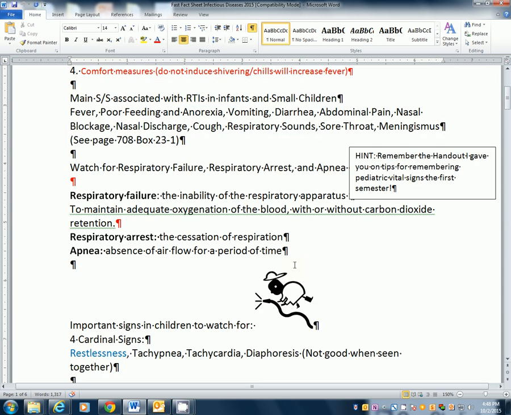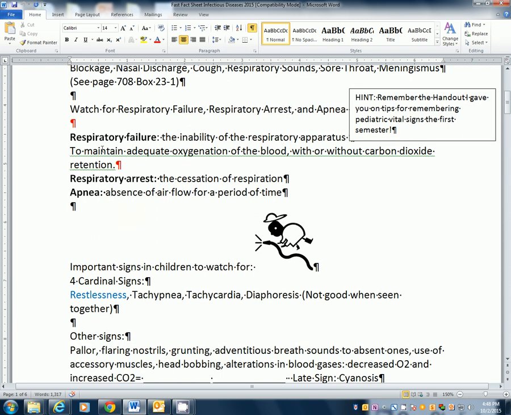Now you want to watch for respiratory failure, respiratory arrest, and apnea. Remember the handout I gave you on tips for remembering pediatric vital signs. Respiratory failure is the inability of the respiratory apparatus to maintain adequate oxygenation in the blood with or without carbon dioxide retention. Again, I'm sorry, my throat's about to give out on me.